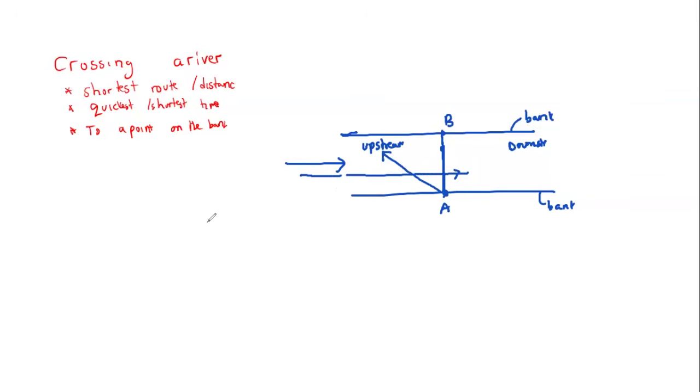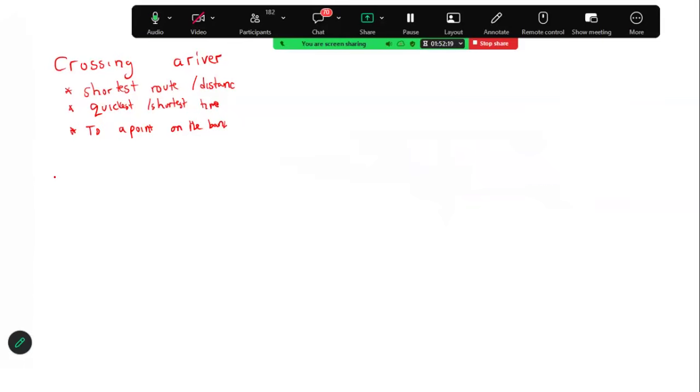Now, we are going to look at a summary of the two. I'm starting with the shortest route. Like I've said, I'm going to have my parallel banks. This is my point A, and this is my point B. Now, for the shortest route, let me say this is the velocity of the water.